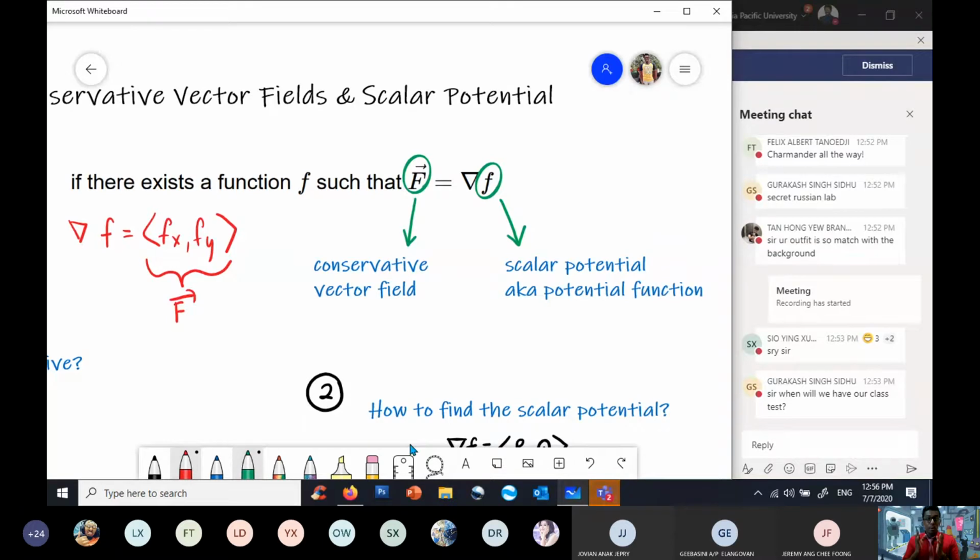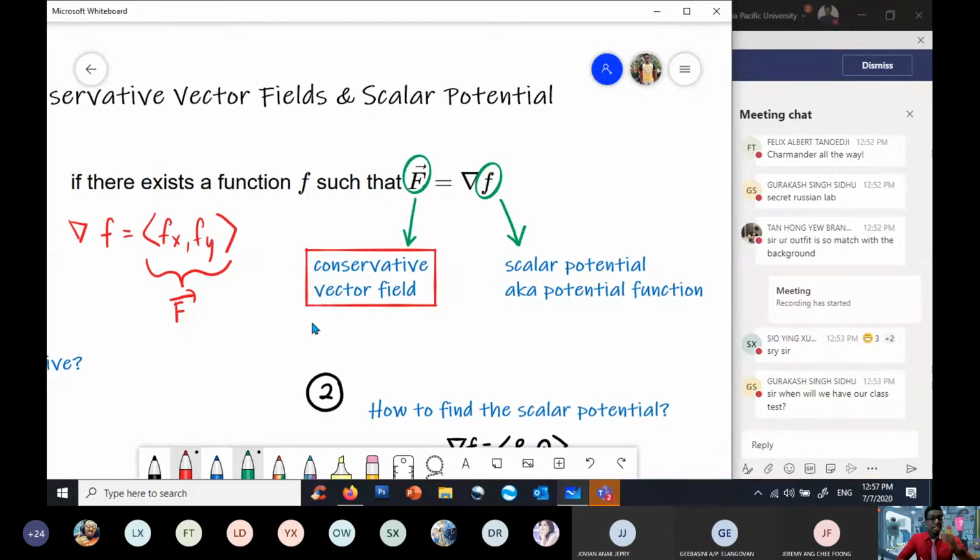If I give you any vector, let's look at the reverse version of it. Instead of starting from here, let's start from the vector. If I give you a vector, and you manage to identify that there exists a function f such that the gradient vector is actually that vector, then this vector is called a conservative vector field.